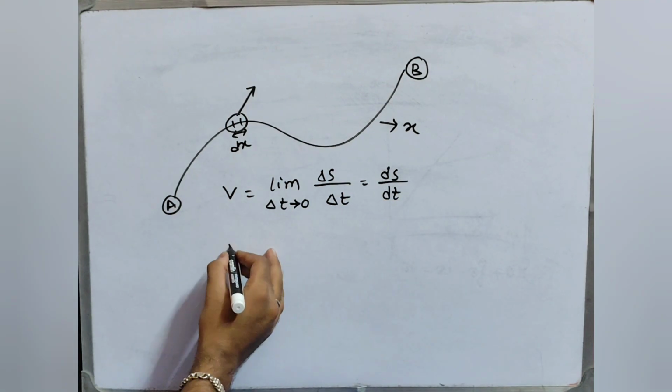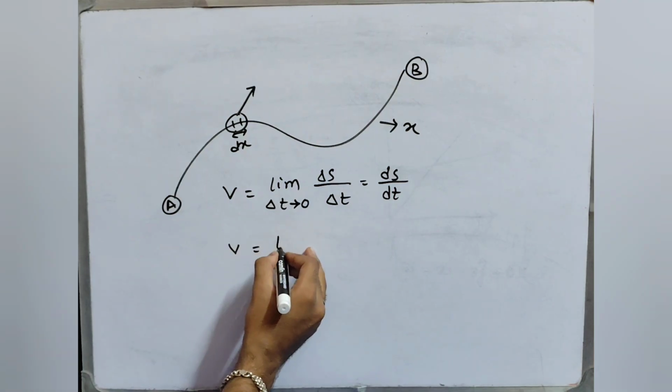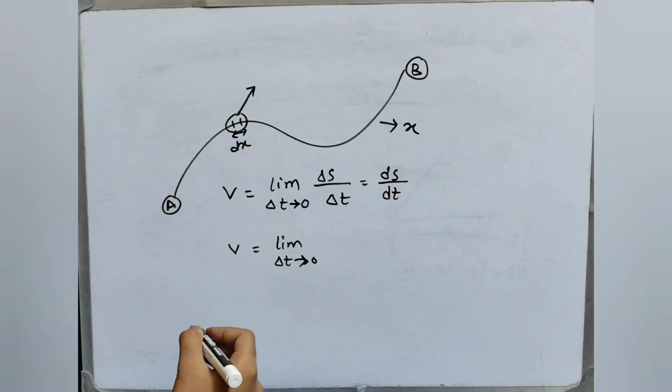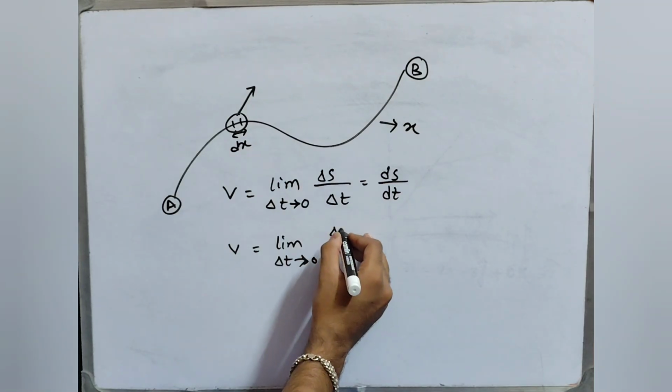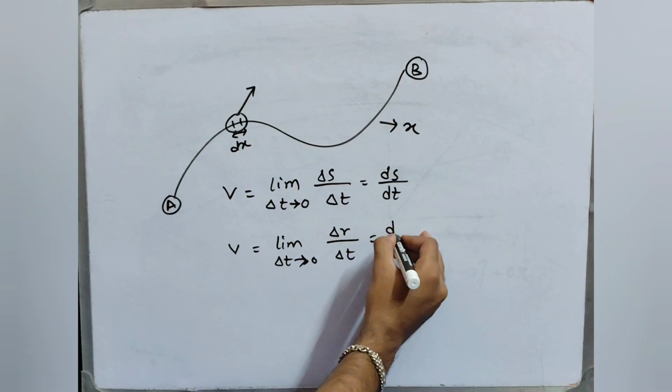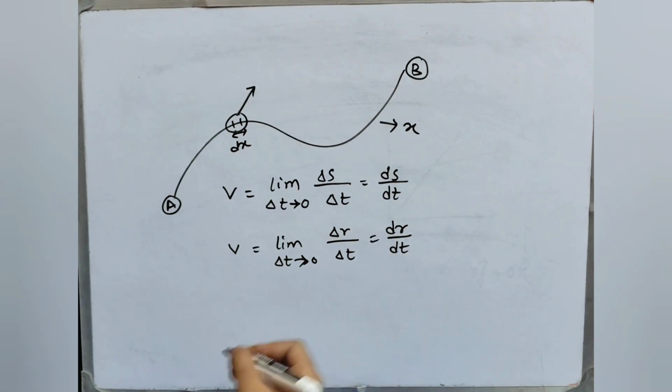And v equals limit del t tends to 0 of del r by del t, that is equal to dr by dt. So this is a concept of limit. This is not so important.